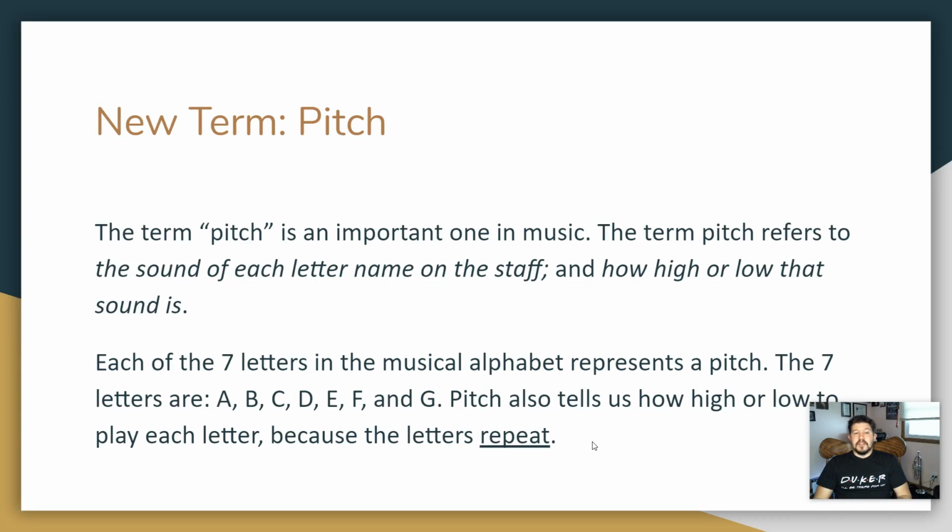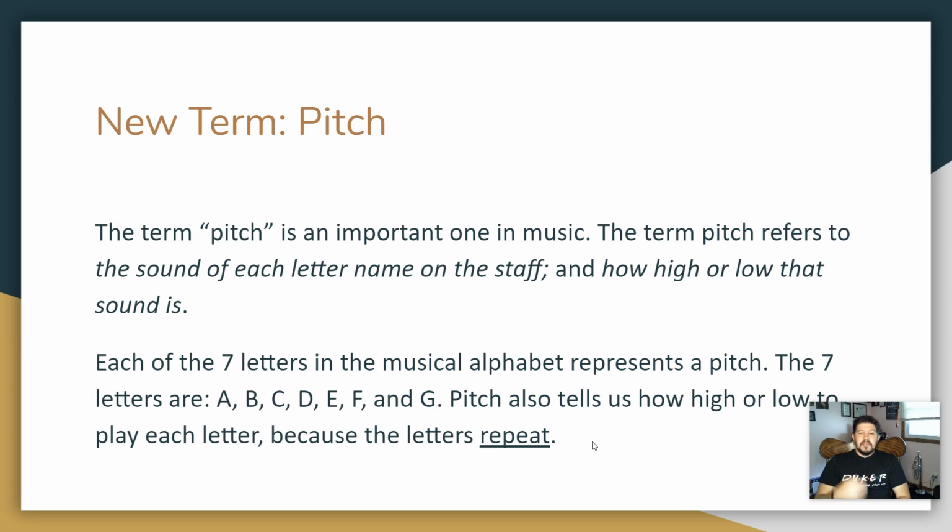Speaking of the 7 letters in the musical alphabet, each of those represents a specific pitch. The 7 letters are A, B, C, D, E, F, and G. Those are the 7 letters that we have. Now, an important thing to remember about the 7 letters is that they repeat when we get to the end of them.